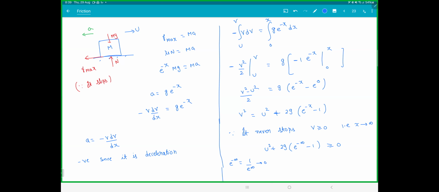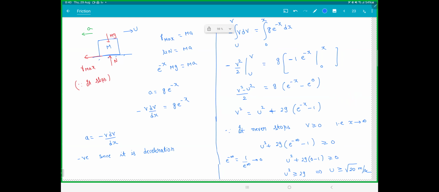E power infinity is a big number and 1 by big number is 0. So this is u square plus 2g into (0 minus 1) is greater than or equal to 0. So u square is greater than or equal to 2g. That is, u is greater than or equal to root 20. If you throw this with a speed of root 20 meters per second, this will never stop.